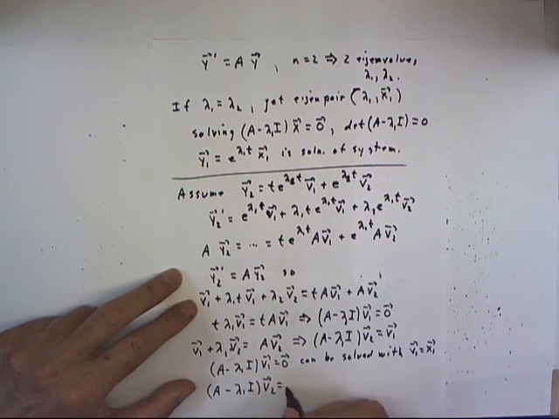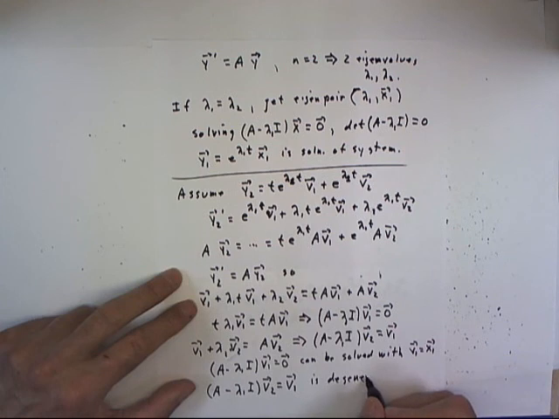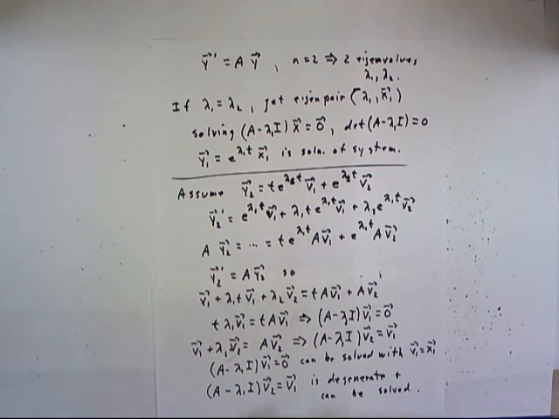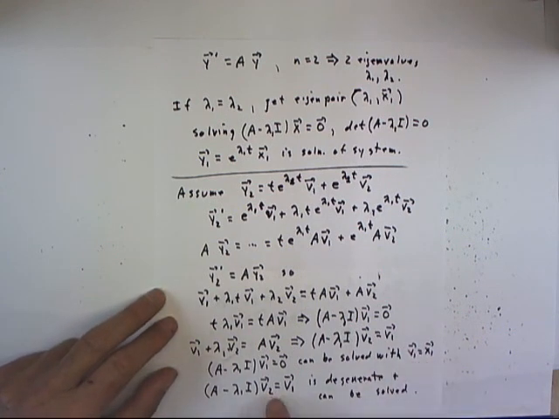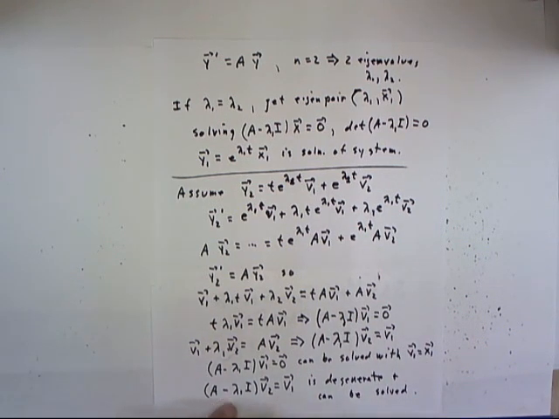The equation for v2 is degenerate, but it can be solved in the sense that we can find vectors v2 that satisfy it. All we have to do is plug in our x1 here and do what comes naturally, do what's obvious.